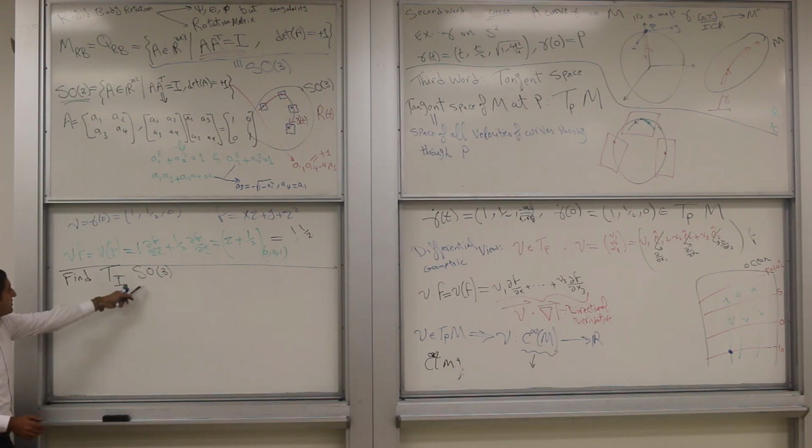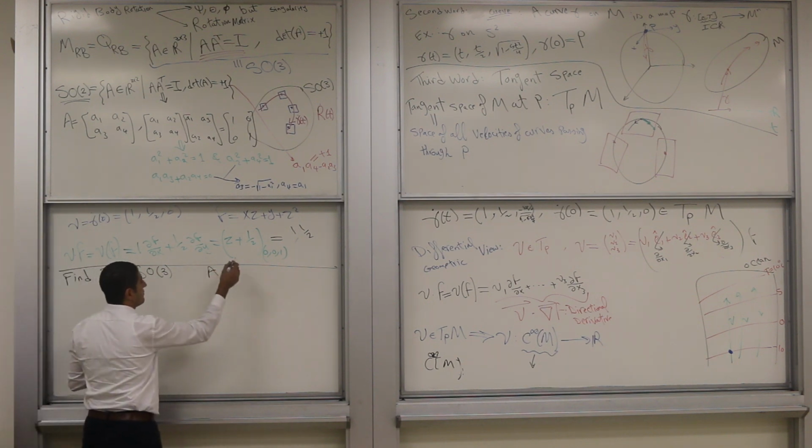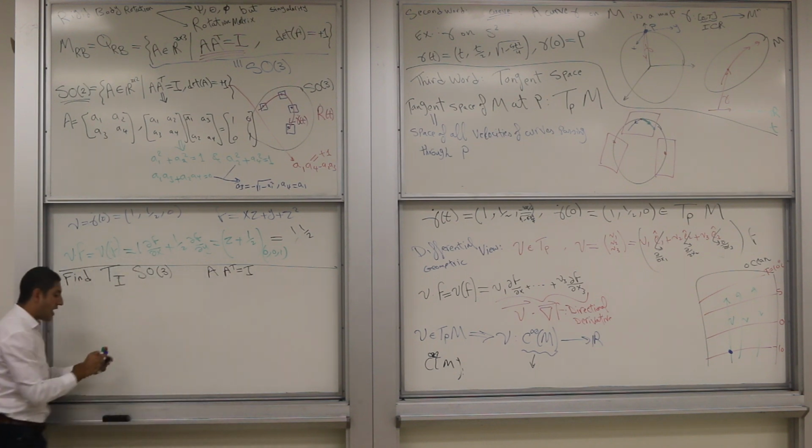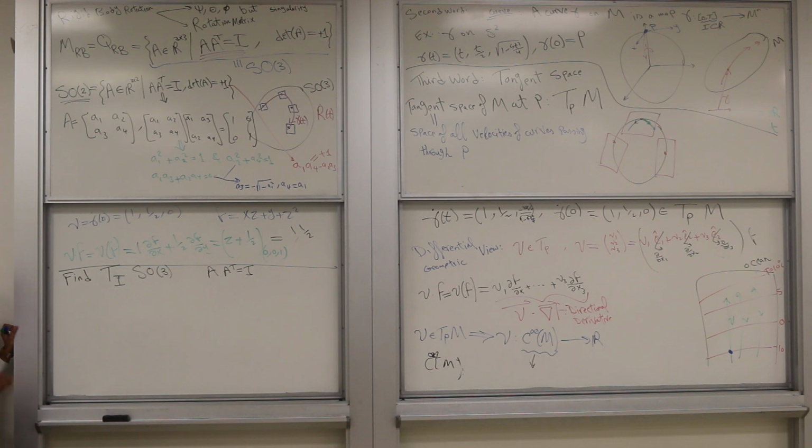Well, what characterizes this manifold is any 3 by 3 matrix A that satisfies A transpose A equals identity, right? So how can I get the tangent space? The tangent space is the set of all velocities of curves.